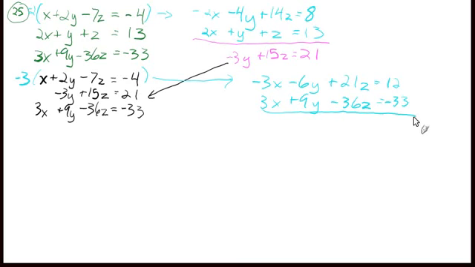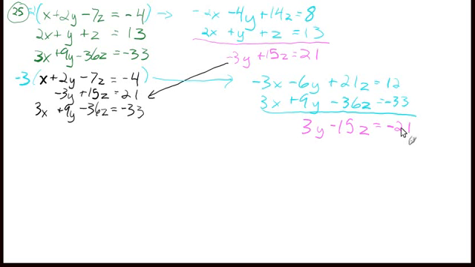The x's will be nothing here. We're going to have 9y minus 6y, that'll be 3y. This will be 21 minus 36, that'll be 15, but it'll be negative 15z equals negative 21. This is going to be our new third equation.